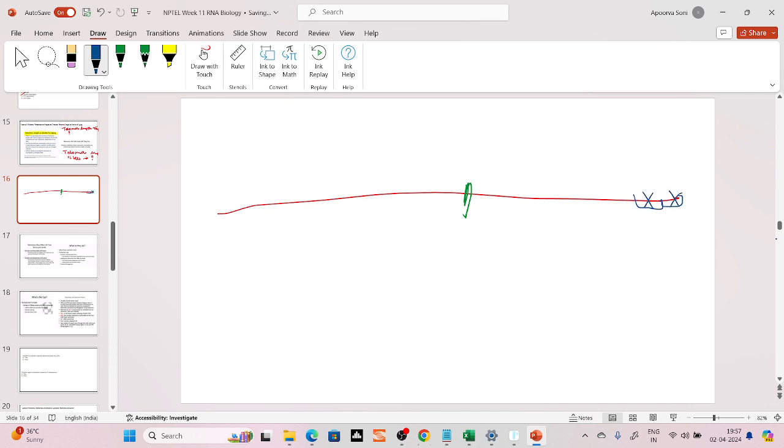Second cycle, this much removed. Third cycle, this much removed. Fourth cycle, this much removed. Fifth cycle, this much removed. Sixth cycle, this much removed. Seventh cycle, this much removed. Eighth cycle, this much removed. So even after 8 cell divisions and the removal of this much, the cell was able to function normally.